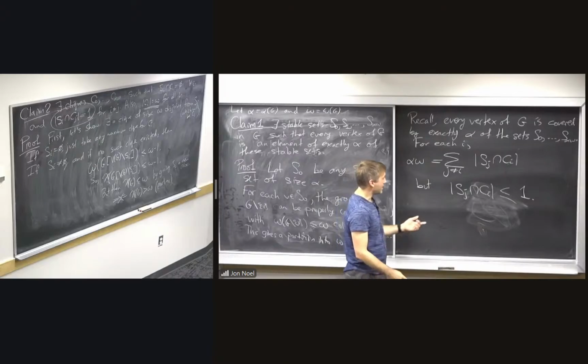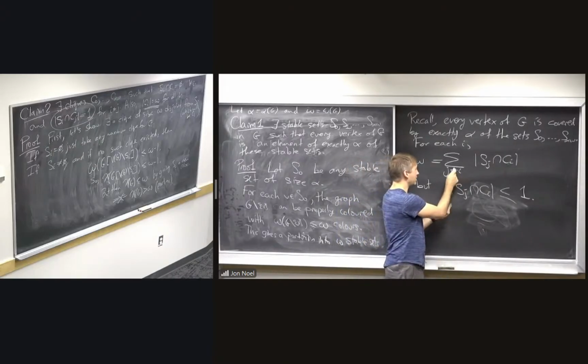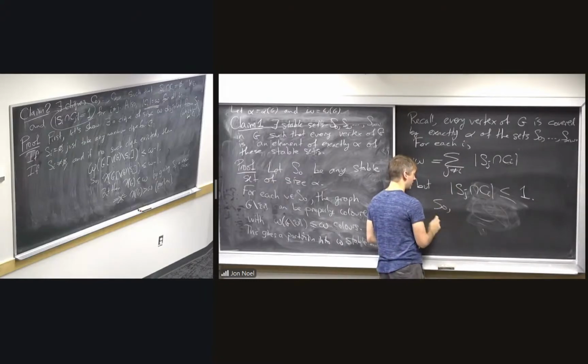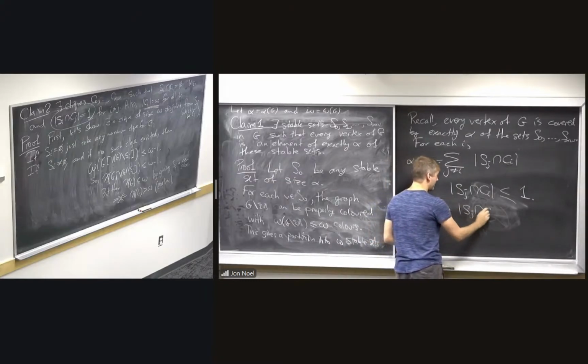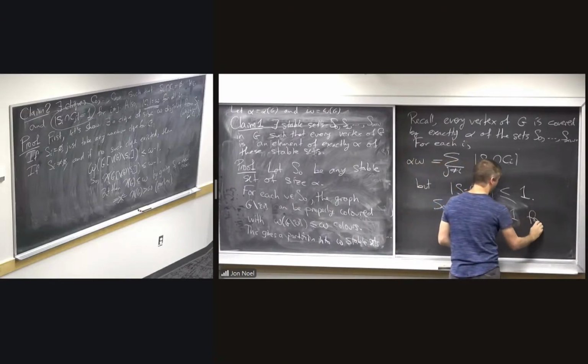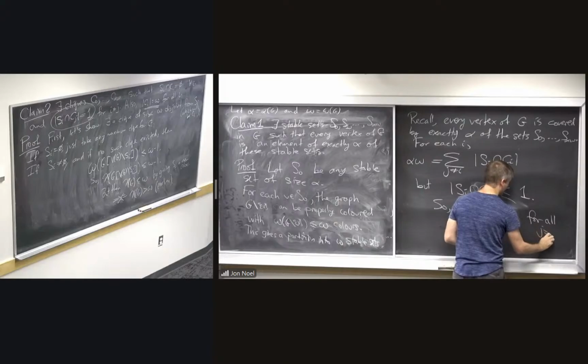But then this is summing over alpha times omega indices, and you're summing a bunch of things that are at most one. They can be one. So the only possibility is that Sj intersect Ci equals 1 for all j not equal to i.